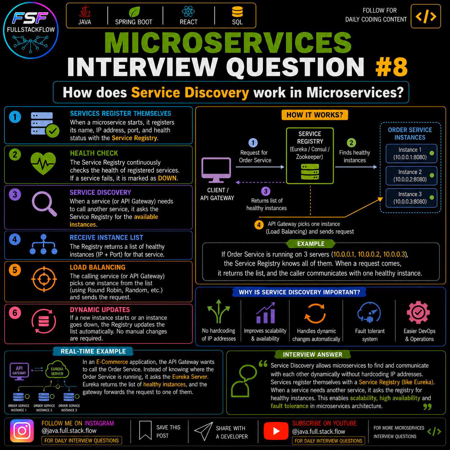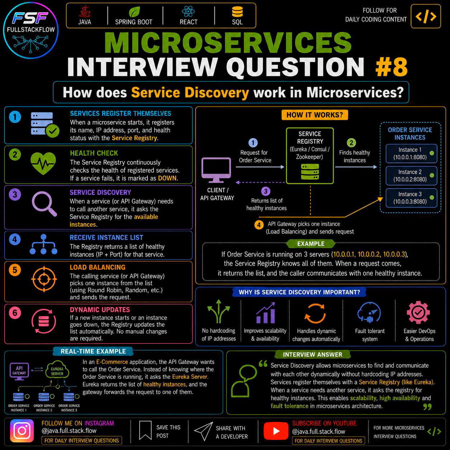For example, the order service may register itself with different IP addresses and port numbers, like 10.0.0.1:8080, 10.0.0.2:8080, 10.0.0.3:8080. All these details are stored in the service registry. Popular service registry tools are Eureka, Consul, Zookeeper.